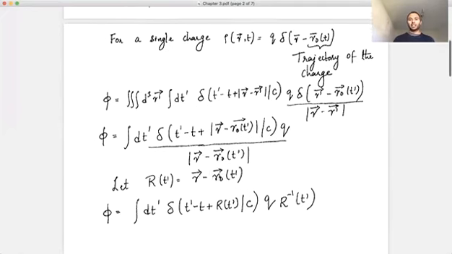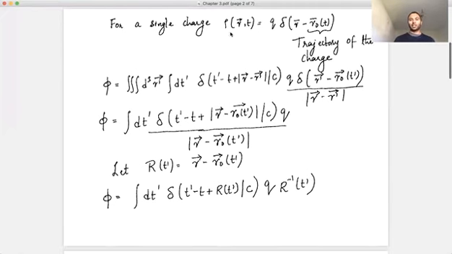Okay, so let's take a single point charge now. So I'm going to again replace rho now with another delta function. So that's the second delta function I'm talking about. And this delta function basically locates that single charge at a particular point in space. Okay, so Q is the charge itself. And then delta of r minus r naught of t.